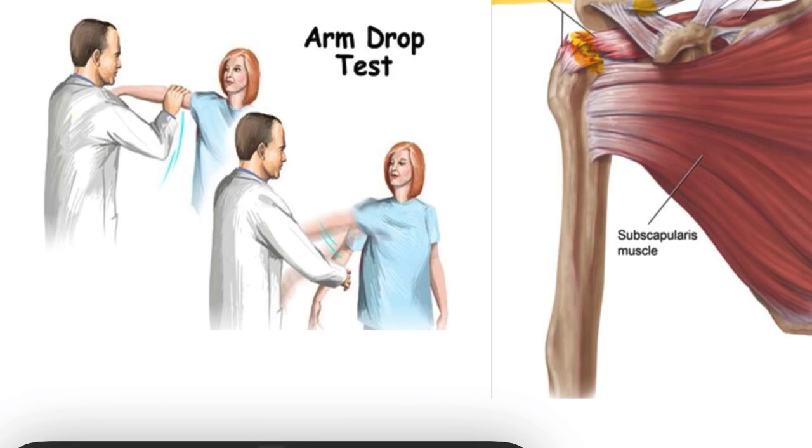When it's coming to treatment, we have to give rest to the patient and we can start with NSAIDs for minor cases, and if there is loss of active range of motion with preserved passive range of motion, then we have to do the surgery.